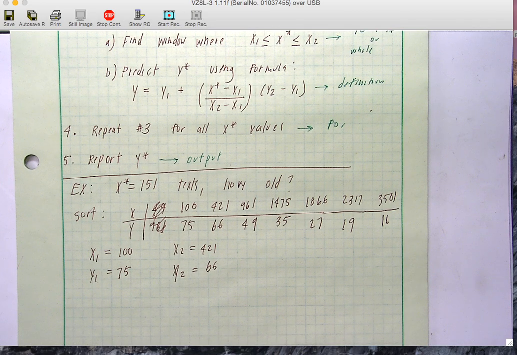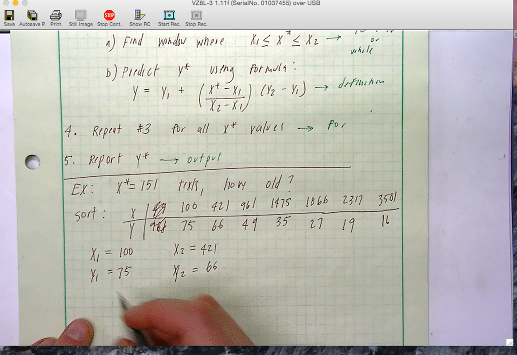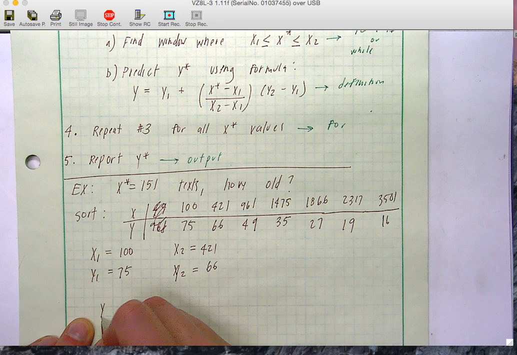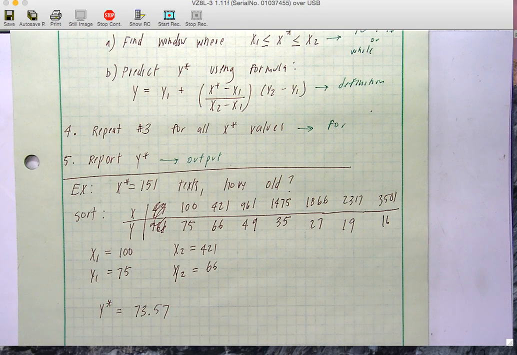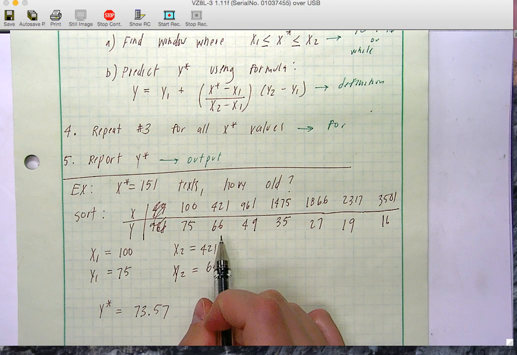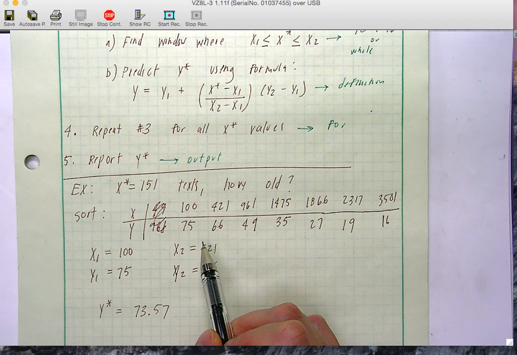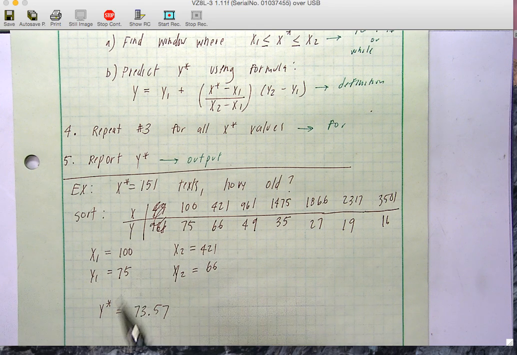Or you can just write the if statement in terms of xi and xi plus 1 and then put those into the formula directly in order to eliminate variables. If you plug those into the formula, you get about 73.5. You want to double check that that number is between, because it's linear interpolation, that number must be between the 2 y values or something is incorrect, which it is.